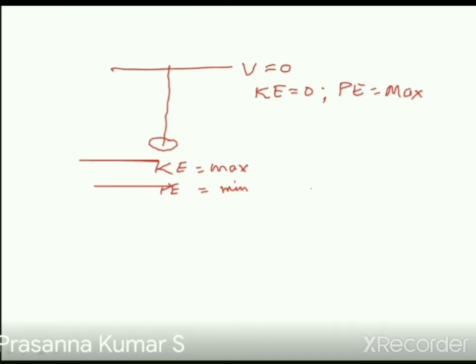So if you plot the kinetic energy and potential energies, look at this diagram, I'll explain what this is. This is with respect to the x displacement, 0, plus x, and minus x here.